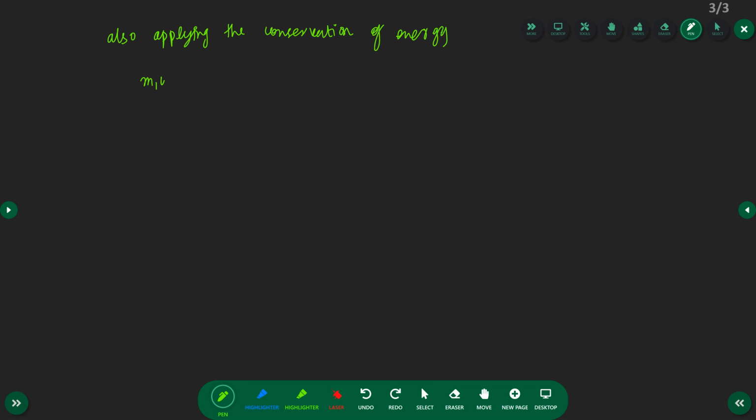Let me write down, m1 u1 plus m2 u2 must be equal to m1 v1 plus m2 v2. Why are we writing m1 v1 plus m2 v2? Can you tell me, Ojas? Why are we not taking common velocity?